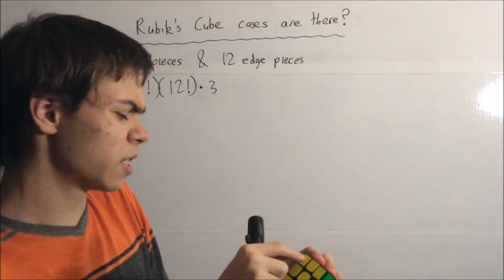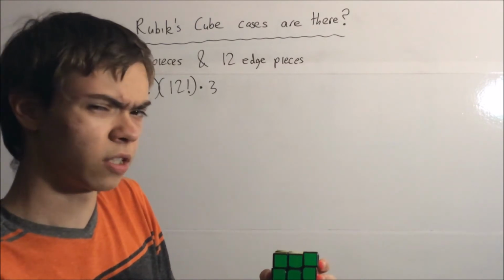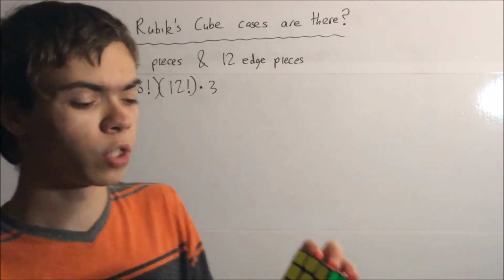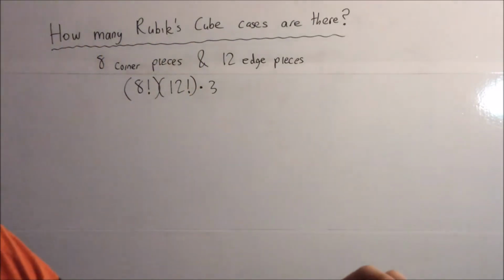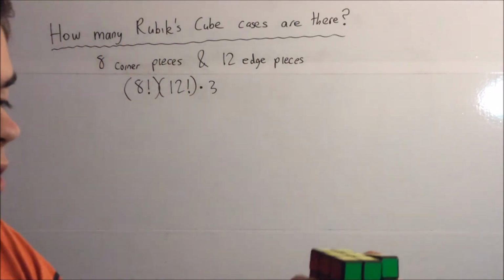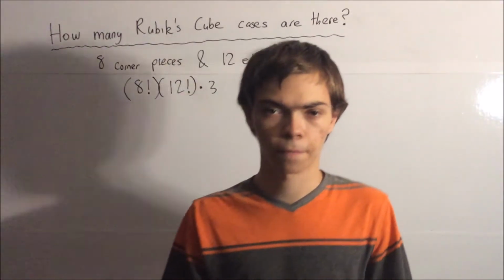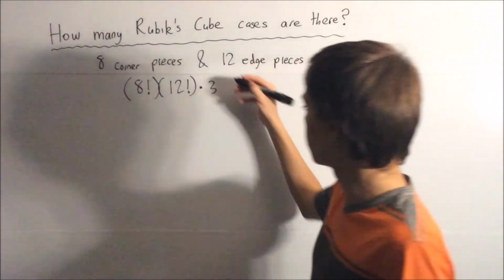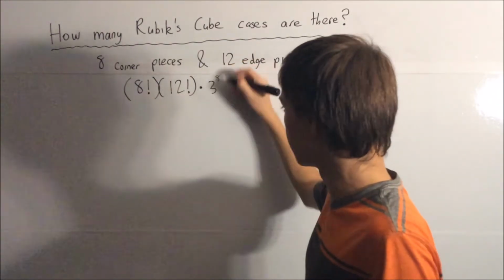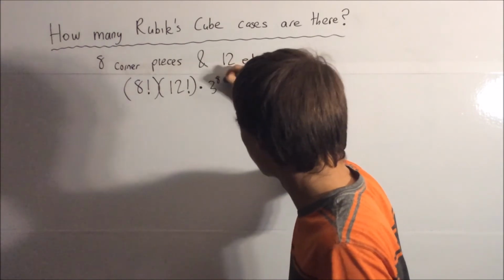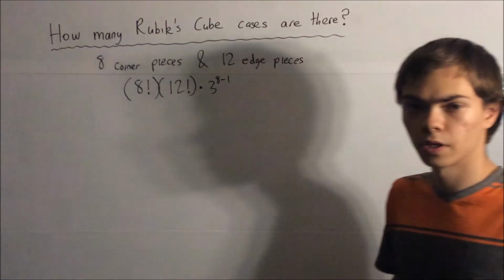However, we actually are going to account for the directions that each of these corner pieces face, all of them except one. So we're going to account for all 8 corner pieces and their different directions except one of them.